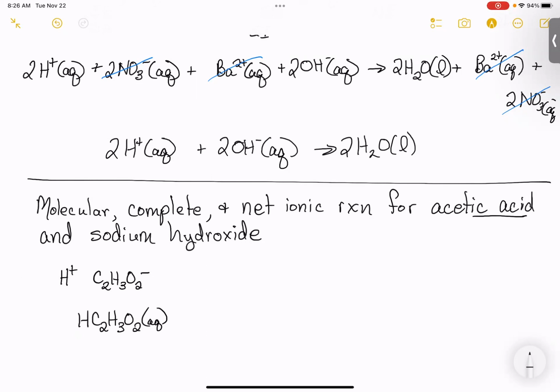And then we have sodium hydroxide, which contains Na plus and OH minus to make NaOH aqueous. And this is aqueous because it contains sodium, which is a group 1 metal.